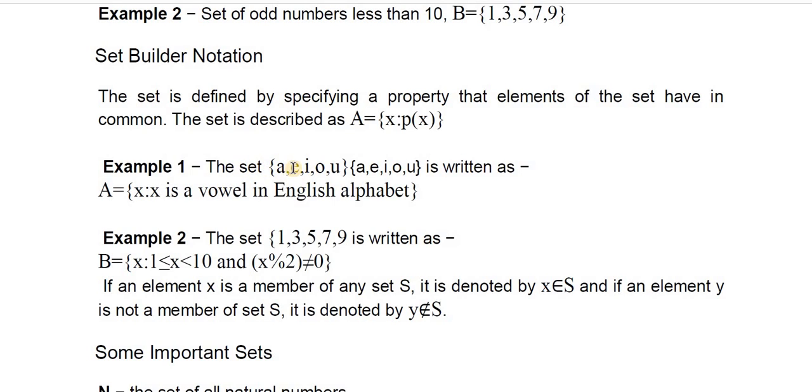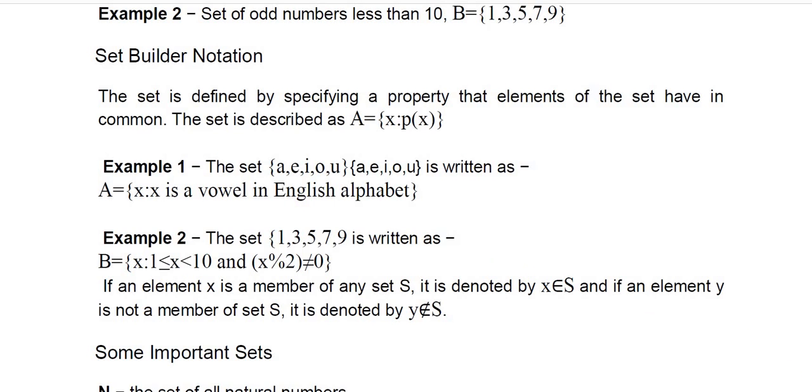So the set A where A is equal to {a, e, i, o, u} can be written in set builder form this way: A is equal to {x | x is a vowel in the English alphabet}. So this representation is known as set builder representation.